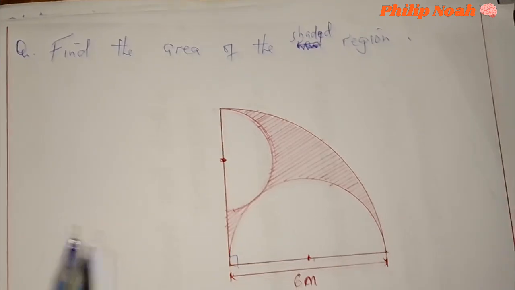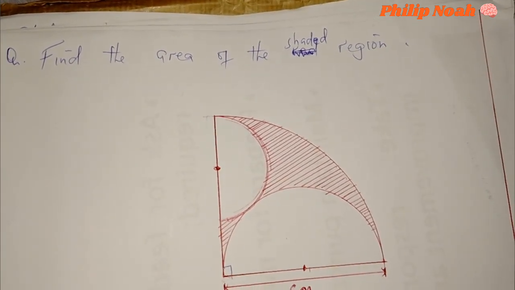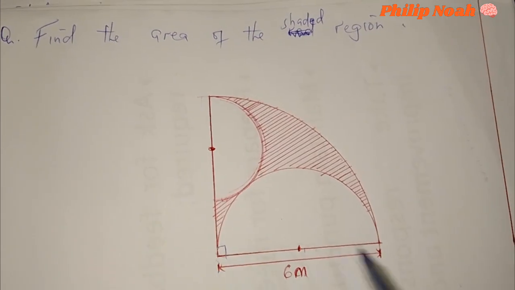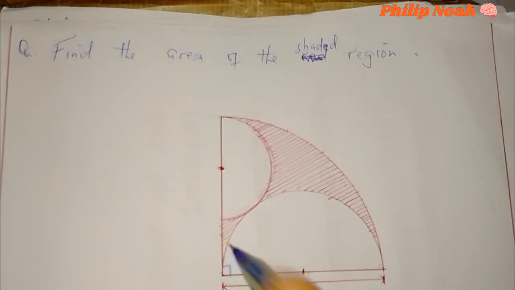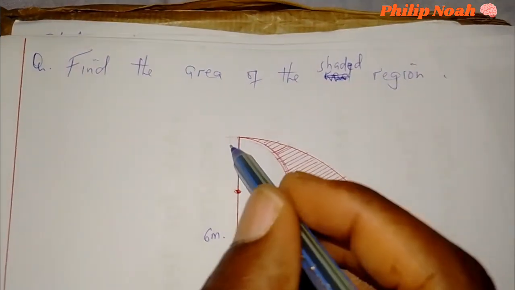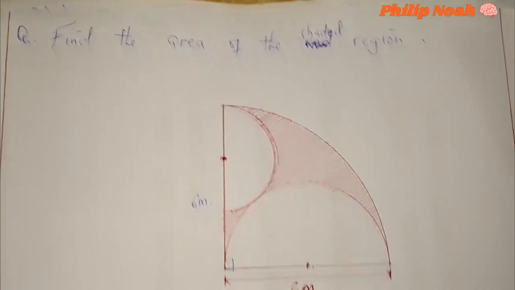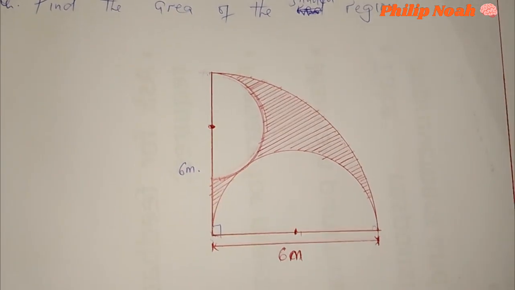So this is a quarter circle with radius 6 meters. The distance from this point to this point is 6 meters, and from this point to this point will also be 6 meters.